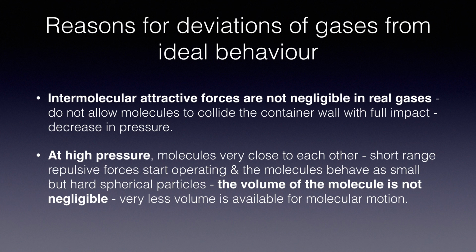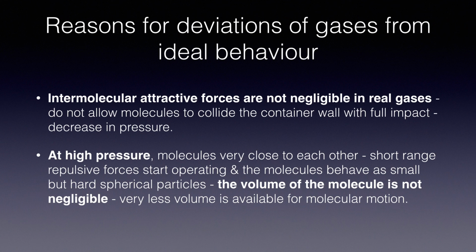Okay, so the second point talks about high pressure. Now at high pressure what happens? The molecules are very close to each other. Therefore short range repulsive forces start operating and the molecules behave as small but hard spherical particles. Now as a result what will happen?